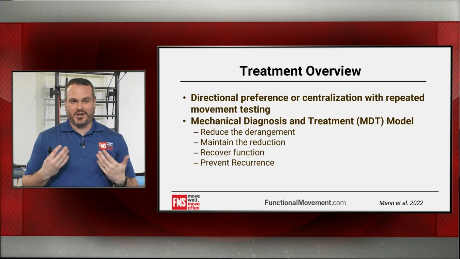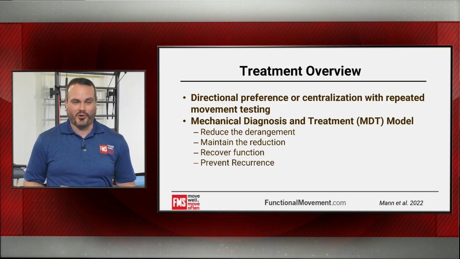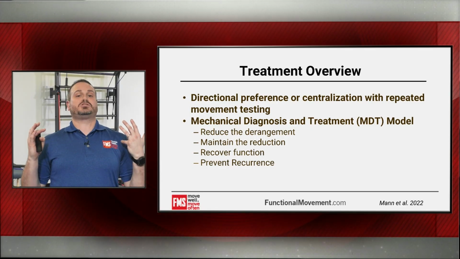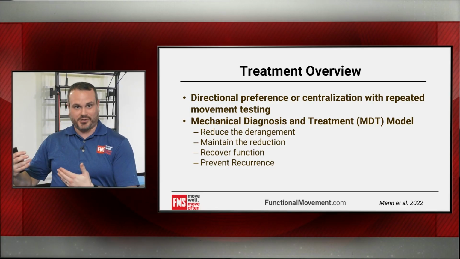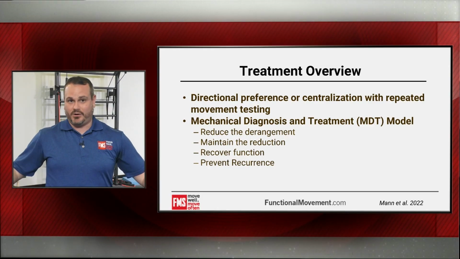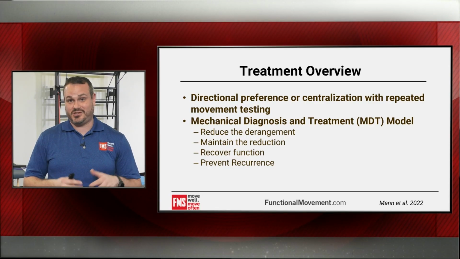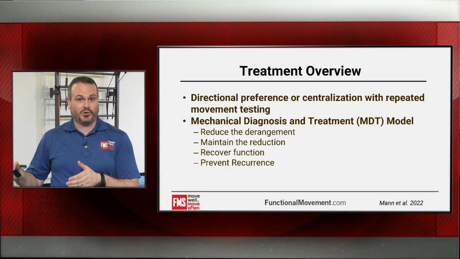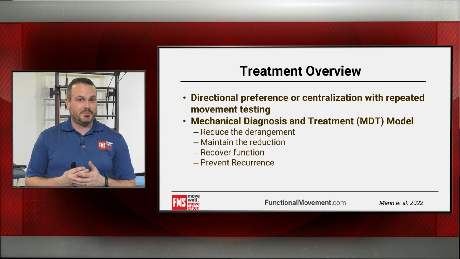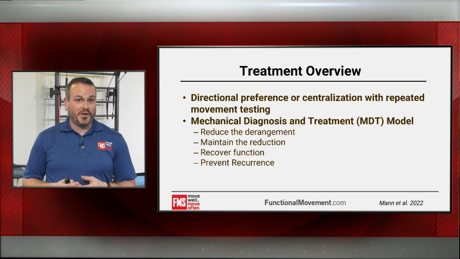So if our patient had a directional preference for, let's say, extension, and we worked extension, and finally now all the pain is centralized. They're doing really well with extension. They've kind of maintained that stable, no radiculopathy pain for a week or so.